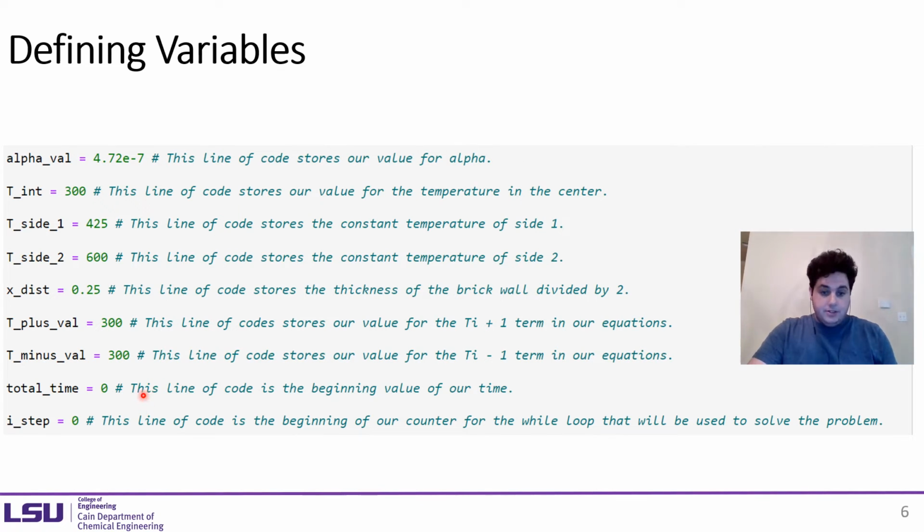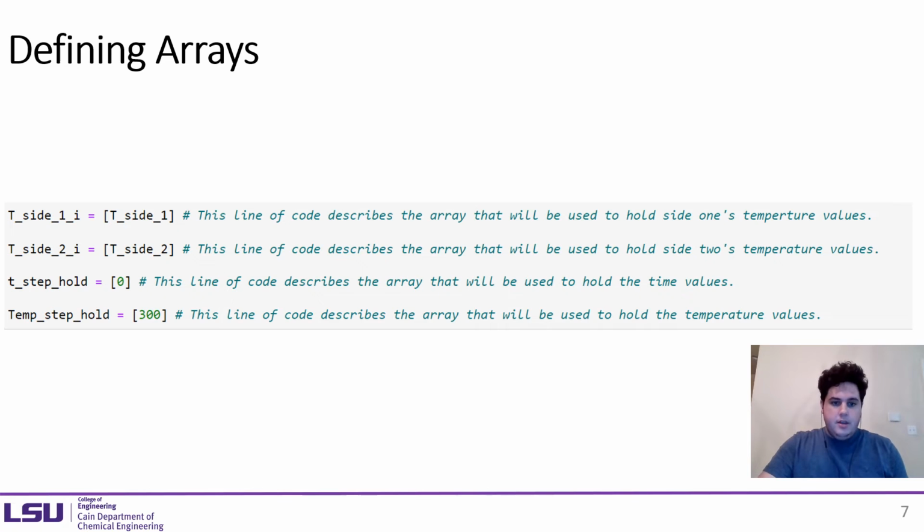This is also the case for our total time. This will be our time counter in a sense, in order to see how long it takes for the center of the wall to heat up, as well as this I step that will be used as another counter in our while loop. We then want to define some arrays.